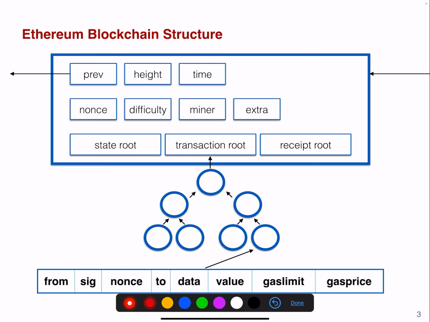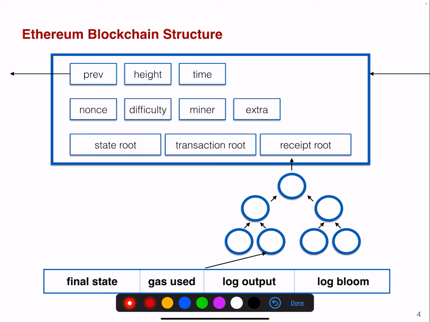The transaction root has at its leaves the transactions that we will look into in more detail later. The receipt root has the results of the smart contract execution or state transition, which gives us the final state, how much gas was used, and some output as well.